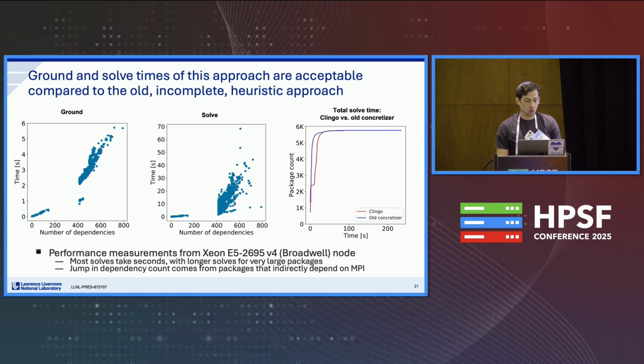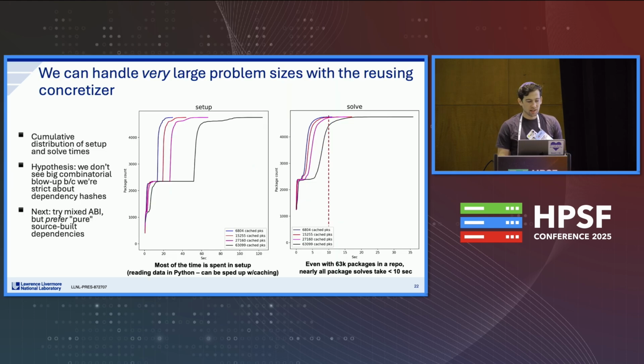So this performs reasonably well. The graph here is showing the total solve time by number of packages for the old concretizer and the new concretizer. So a little bit worse performing than our greedy Python algorithm, but it's also much more correct and does a lot more for us. And it scales reasonably well over the number of packages that we're reusing. So now this is scaling up: how many things do we have in a binary cache, and how does our solver performance go?